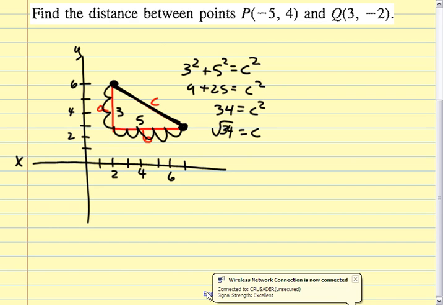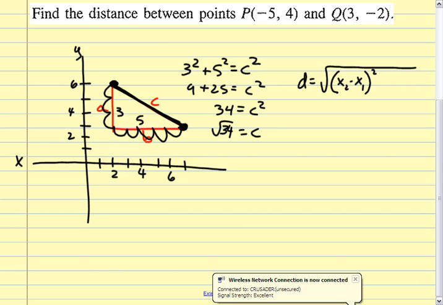Okay? Now, there's a formula that we can memorize so that we don't have to graph these things. If we're given 2 points, we just do it that way. Here's the formula. Distance is equal to the square root of x2 minus x1 squared.